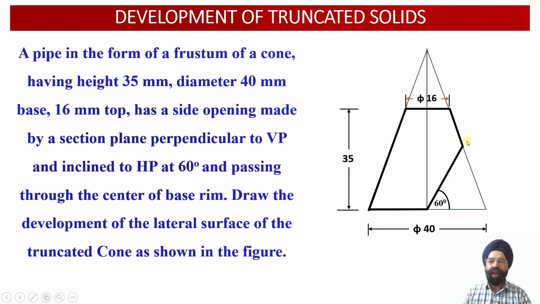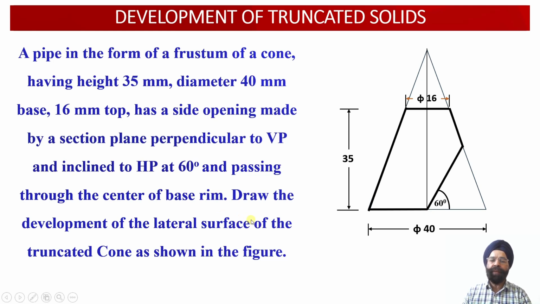So here we have got intersection of this cone by an auxiliary inclined plane, that is inclined at an angle of 60 degree with respect to horizontal plane and perpendicular to the vertical plane. And this auxiliary inclined plane or the opening in the pipe is going to pass through the center of this particular cone over here through the base of the rim.